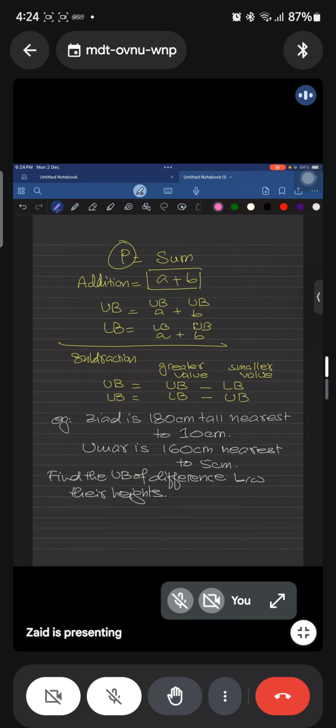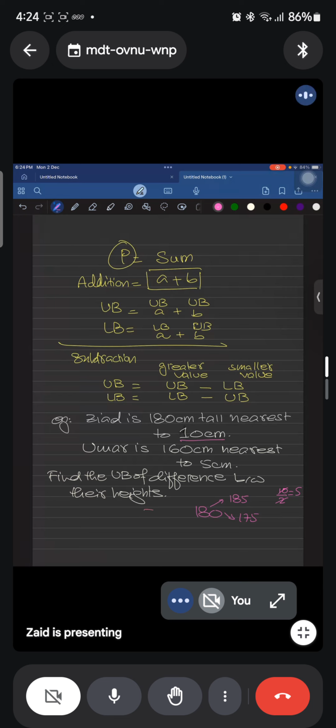Okay, a very important thing. Look here. 180 to the nearest 10 centimeters. That means for Ziad, we divide the nearest by 2 and we get 5. So the upper bound for Ziad's height is 185 and the lower bound is 175. You all agree with this? Yes, sir.